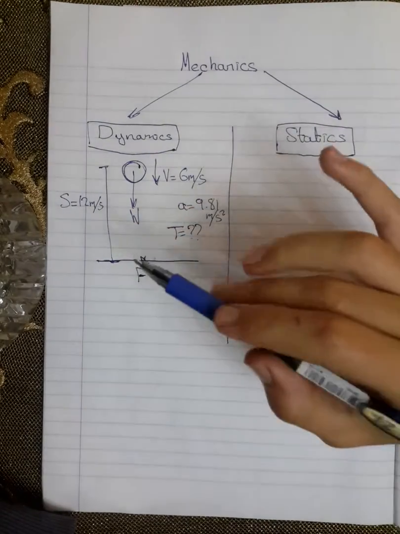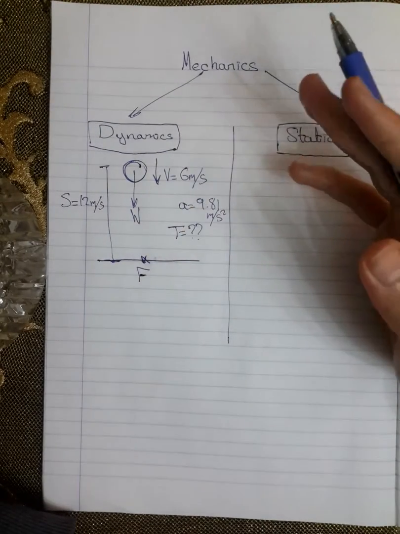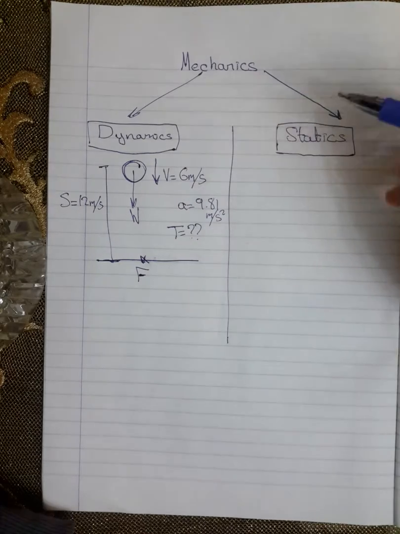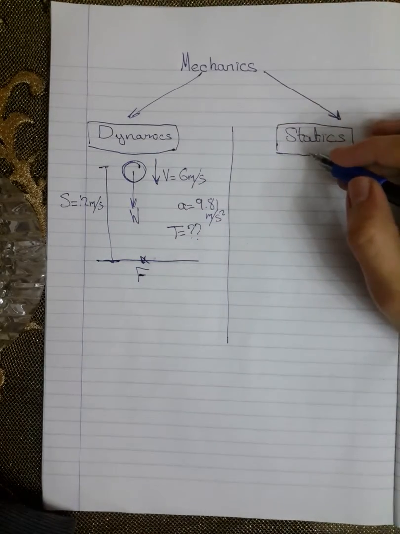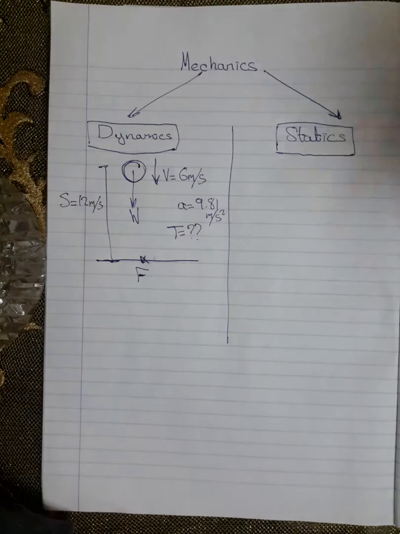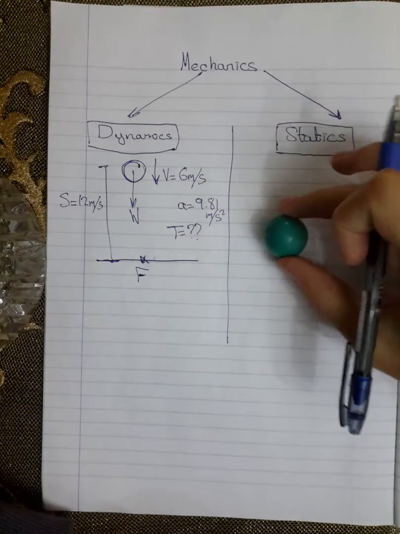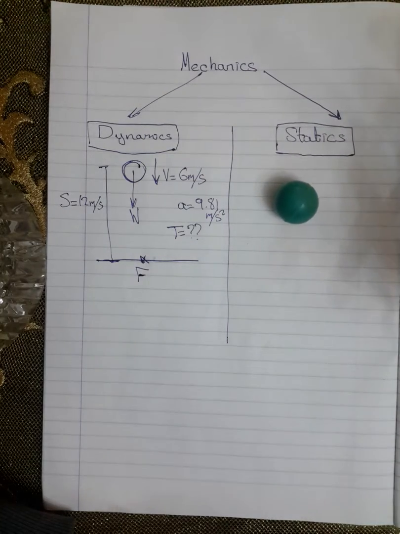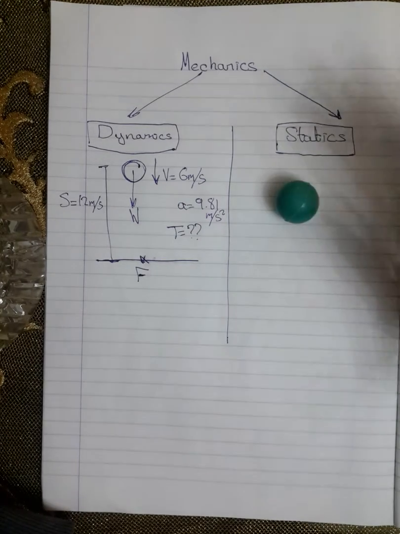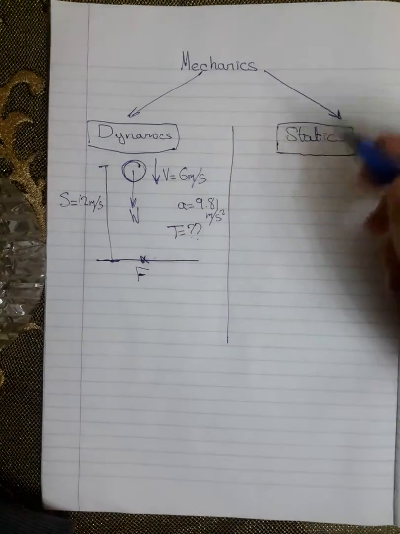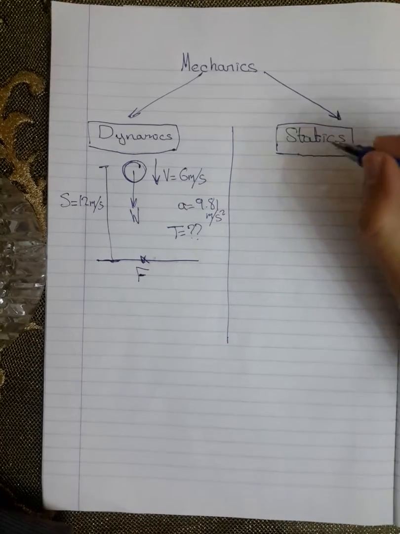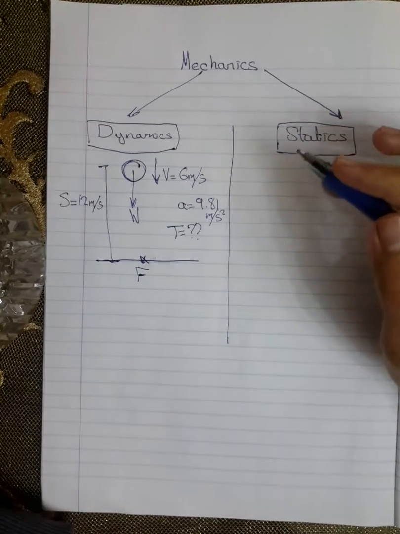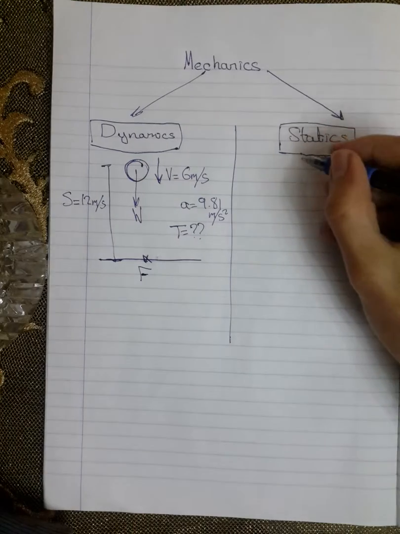So what if I don't have a resultant force acting on the ball? This is called statics. Statics is just the ball is like that. It's stable, it doesn't move, either right, left, up and down. Okay. The ball is called at equilibrium.